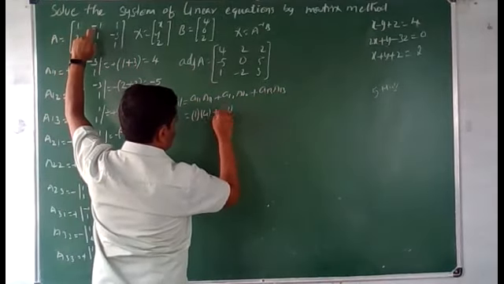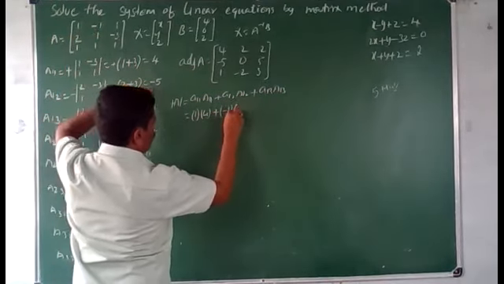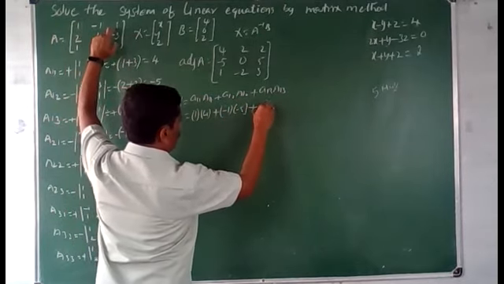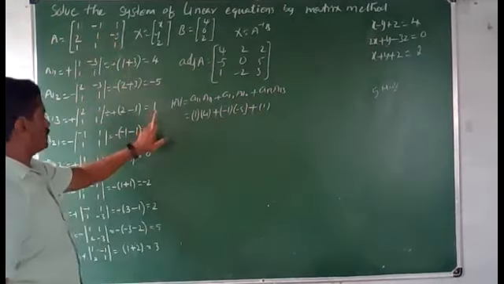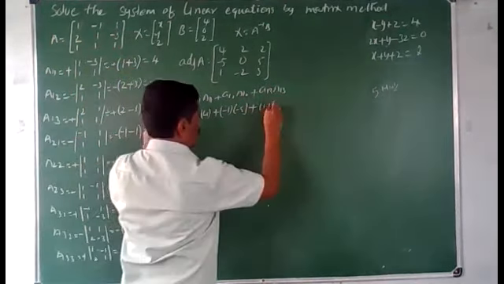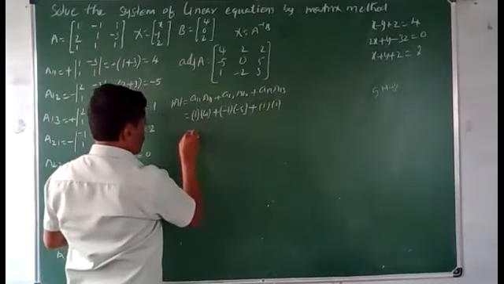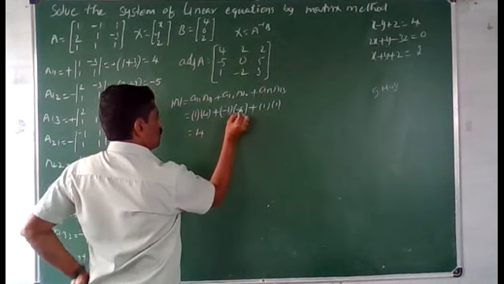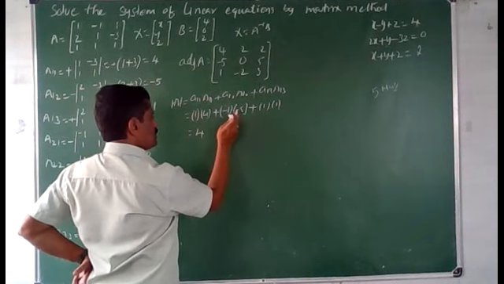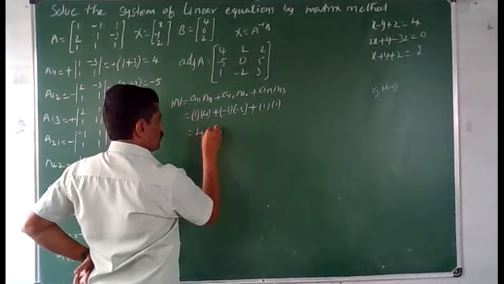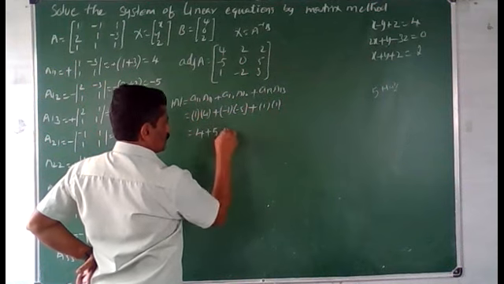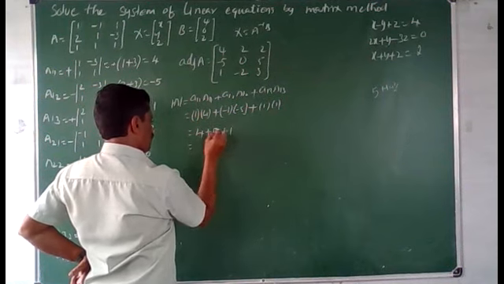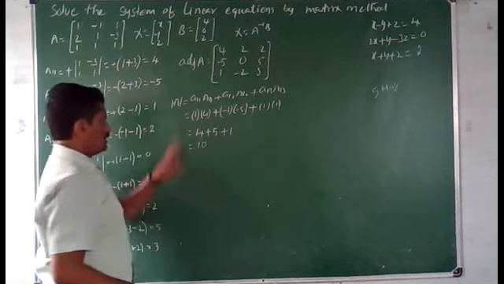What is capital A12? We have minus 5. Plus, what is small a13? We have 1. What is capital A13? We have 1. Again that is equal to 1 into 4, 4. So minus 1 into minus 5, that is minus and plus, 1 into 5, that is plus 5. Again plus 1 into 1, that is 1. That is equal to 4 plus 1, 5, 5 plus 5, that is 10. So this is the determinant of A.